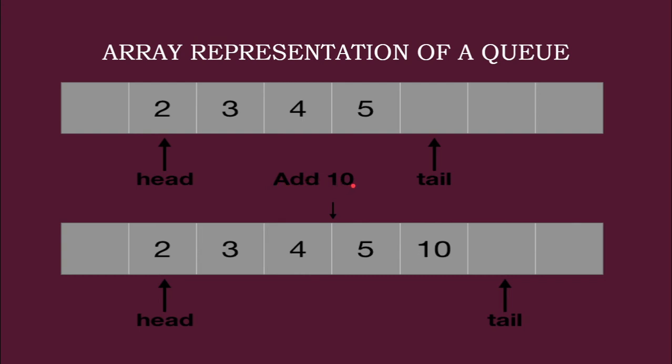The tail pointer is noted, and where the tail pointer is pointing, that is the position where we can add the element. Now 10 is added at the tail position, and the tail becomes the next position: tail equals tail plus 1. This is how the queue is represented using the array.